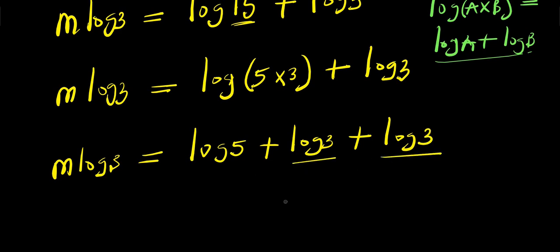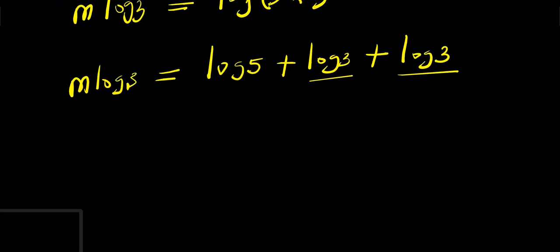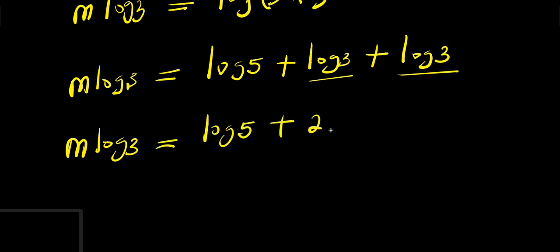Log 3 plus log 3, that is 2 log 3. This is 2 log 3.